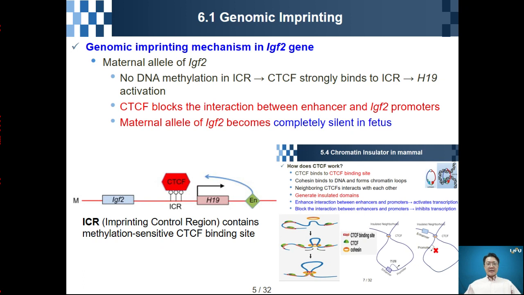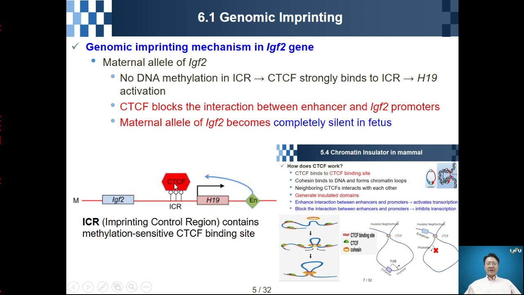Let me start with the maternal allele of IGF2. In the next slide, I will explain the paternal allele of IGF2. So this is the genomic region of IGF2. Next to the IGF2 gene, the H19 gene is located.